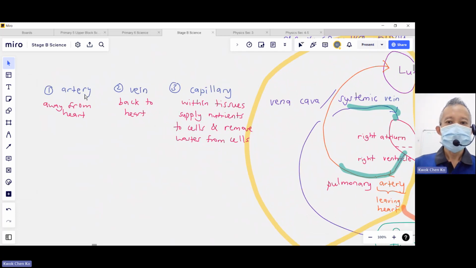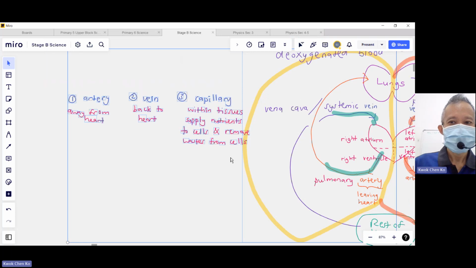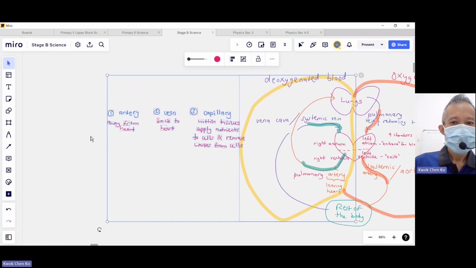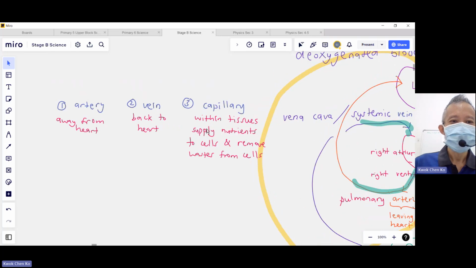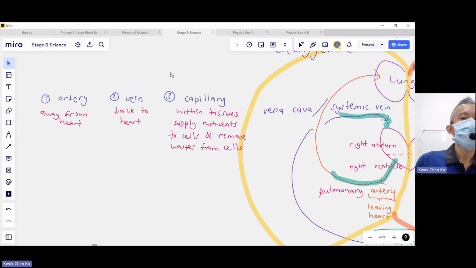Come, Jishan, tell me what are examples of nutrients? Carbohydrate. Not in that sense. What nutrients are we talking about right here? Oh, okay. What does blood carry?